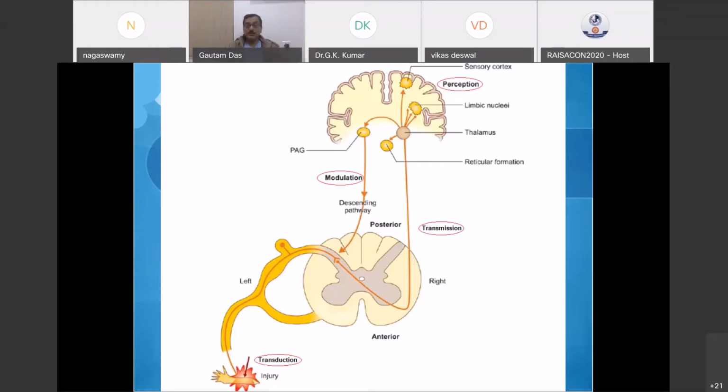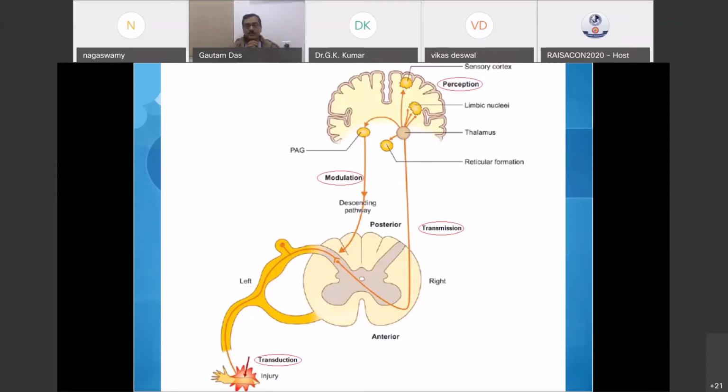Excitatory neurotransmitters mean the action potentials will be potentiated in the next order neuron, and inhibitory means it will be dampened in the next order neuron. So you have to remember a few neurotransmitter names also. What are the excitatory neurotransmitters transmitting pain?